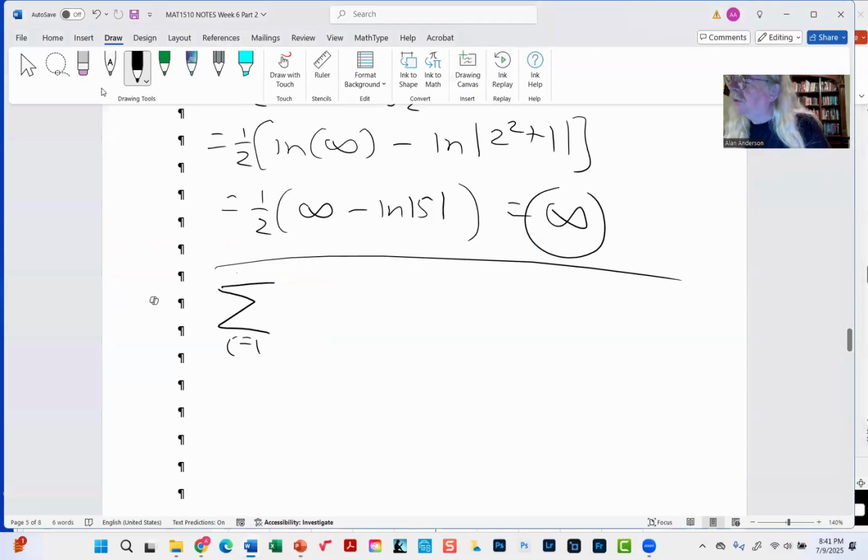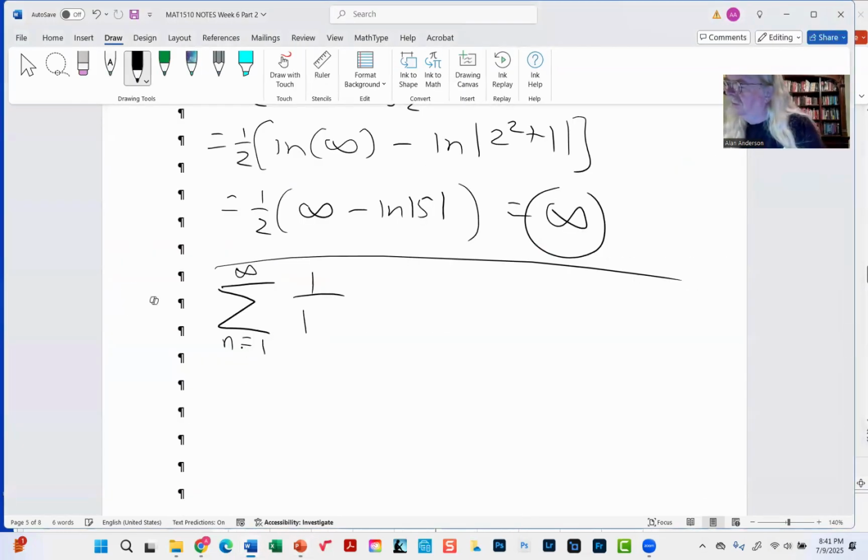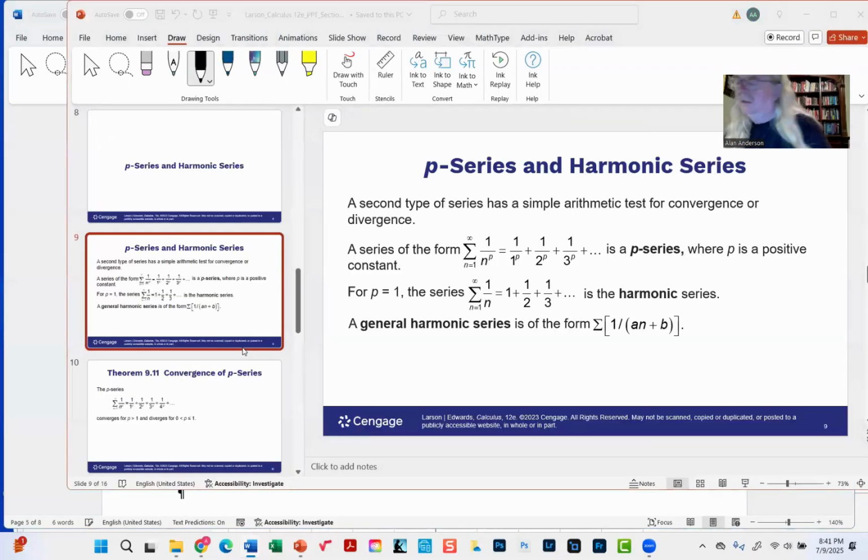Sorry, n equals 1 to infinity of 1 over n to the p power. p must be a positive constant.